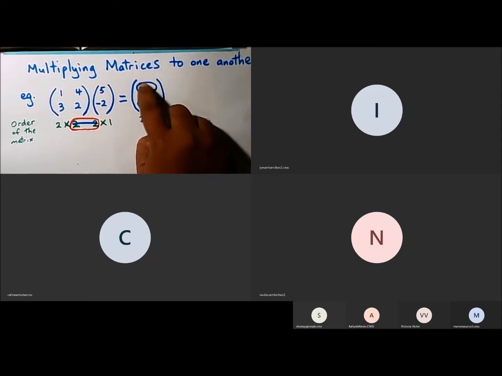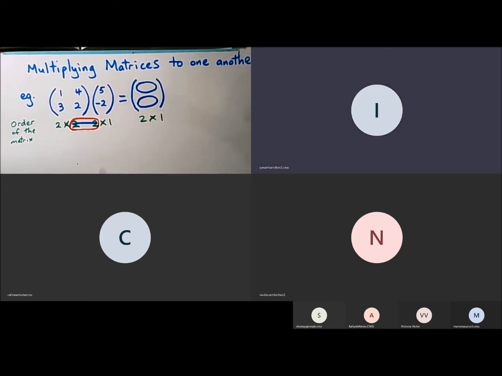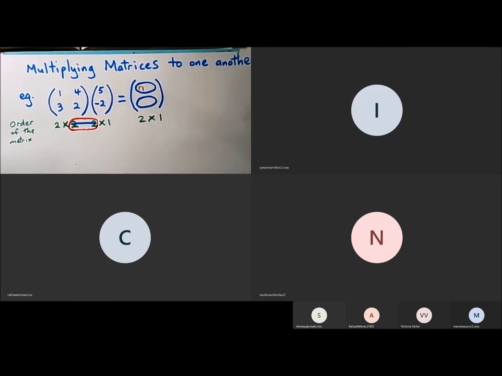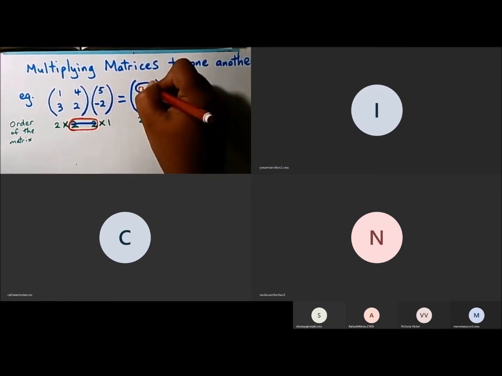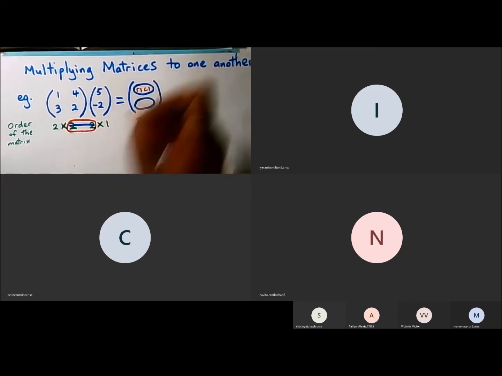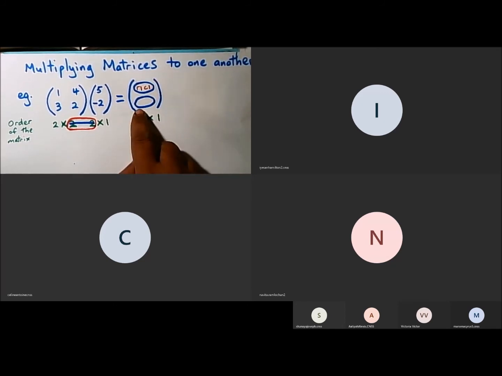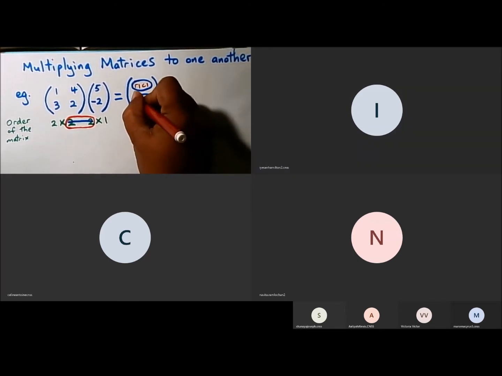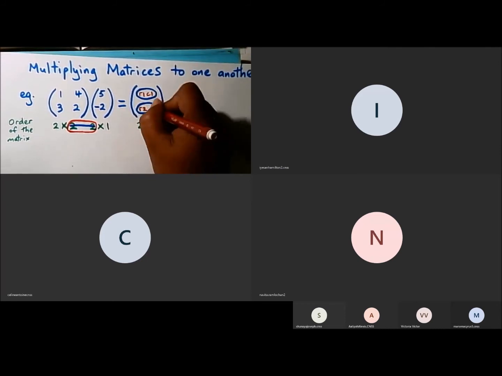What row is this? Row 1 or row 2? It says row 1. And what column is it? Well, we only have one column, so it must be column 1. And what's the address of this spot? This is row 2, but it's still column 1.